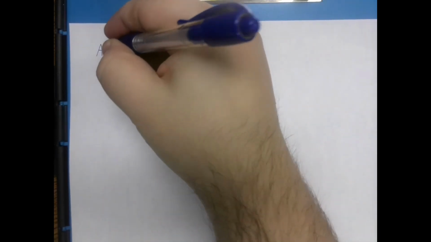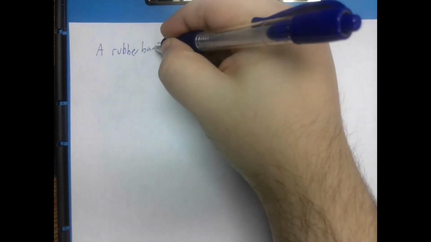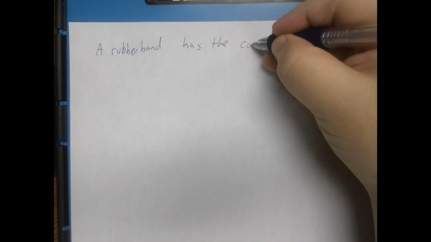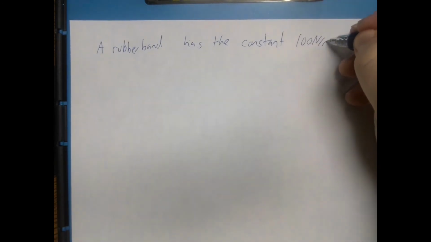A rubber band has the constant 100 Newton meters.